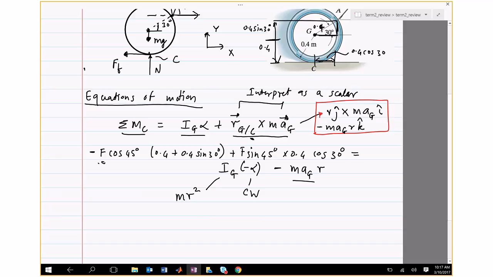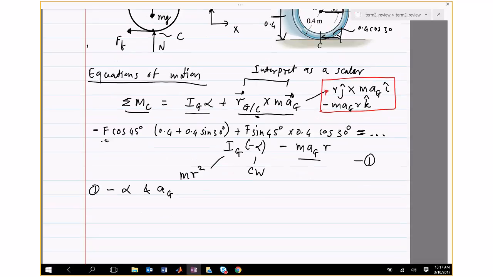What's unknown? This is a single equation with two unknowns, alpha and Ag. So we cannot solve for Ag and alpha using one equation, because it's one equation, two unknowns. So we need one more equation.